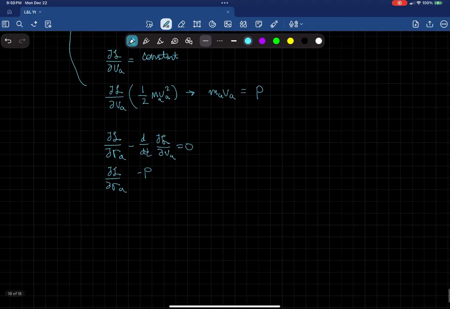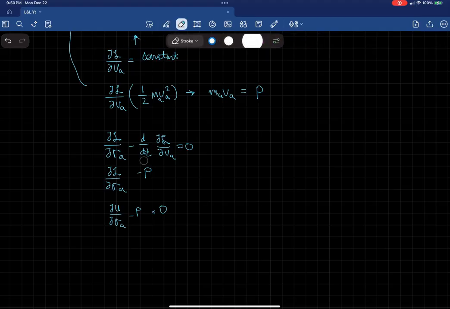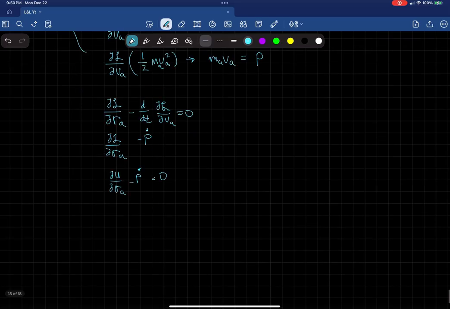So thus, we have del U del RA minus P dot equals 0. And it should also be noted that this is not just P, it's P dot, because we took the time derivative of momentum. And rearranging, we have negative del U del RA is equal to P dot.